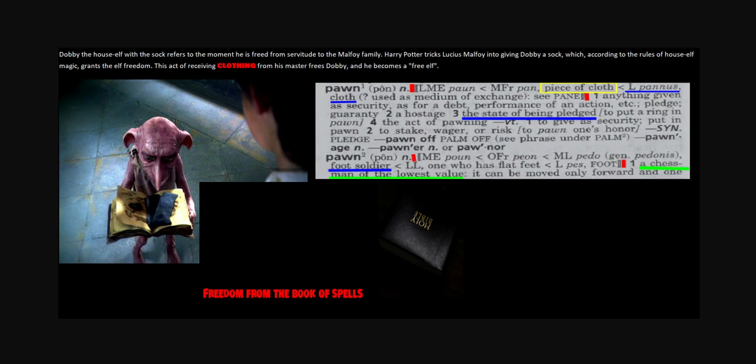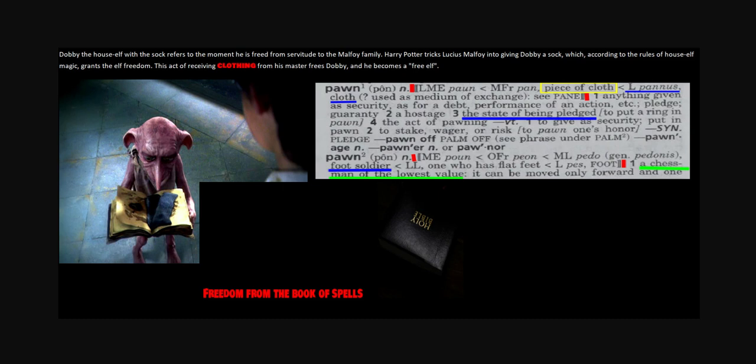So I made this connection with Dobby. Because Dobby was a so-called slave. He was a lower rank being that took a pledge to a particular household, right? What was it? The Malfoys? I forget their last names. Draco Malfoy, right? The Malfoy family.